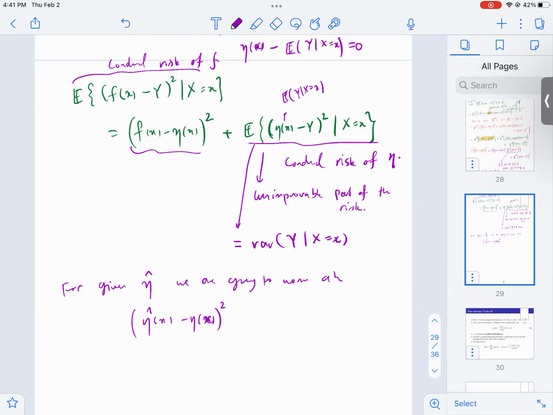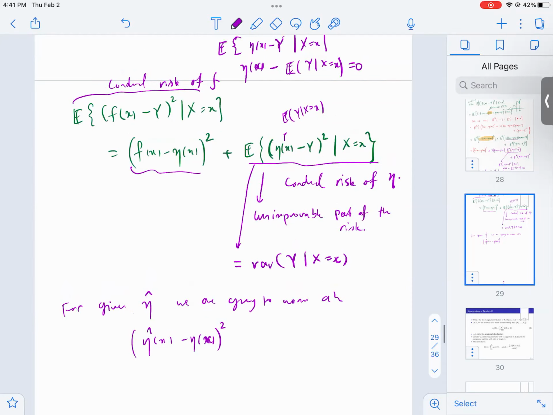If you take the expectation of both sides over x, you can see that this would also be equal to, if this was a random thing, the difference on average of our estimators. But let's not do that. I'm going to focus on this, because I'm going to do it for eta hat instead of f.